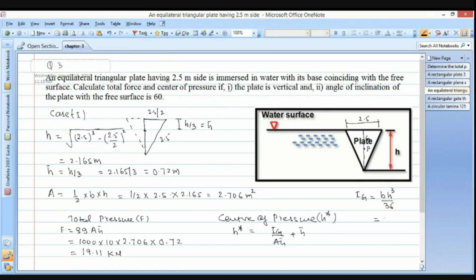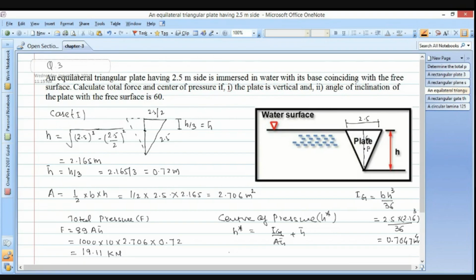So the base is 2.5 and the height is 2.16 to the power 3 divided by 36. So our answer for the Ig is 0.7047 meter to the power 4.